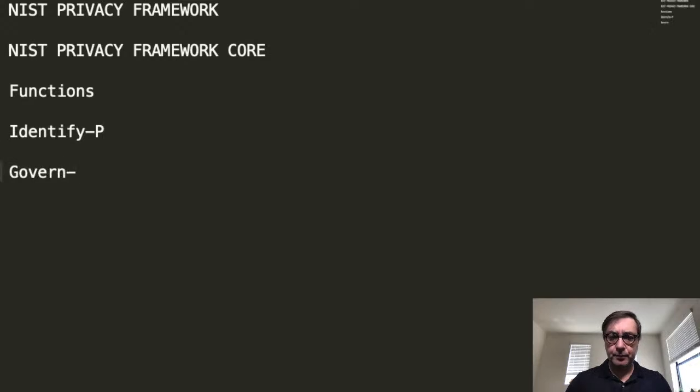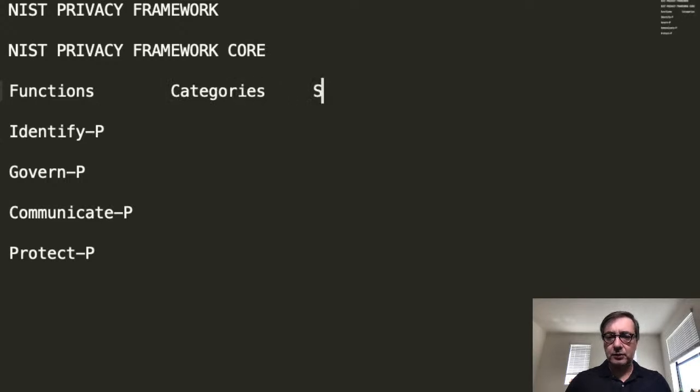Govern-P. I'll put something else called Communicate-P. Protect. That's how they put this together. And then we also have categories and subcategories. Okay, so let's go over it.